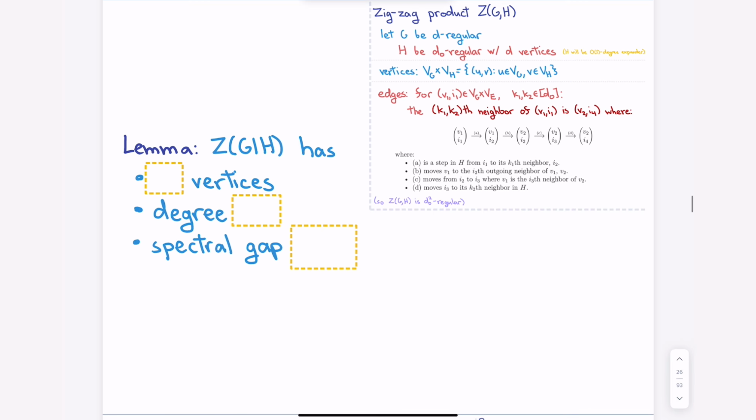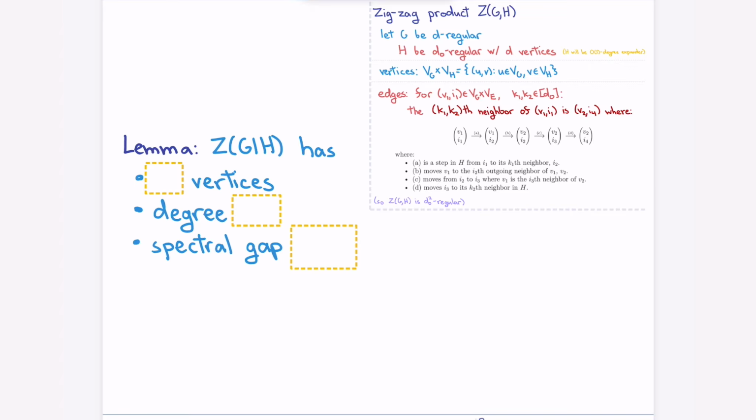Okay, so this zigzag product, let's tally everything up. Spectral gap, that's going to be impossible to guess, but the other two you can guess. So how many vertices, if G had n vertices, H had d vertices? N plus d?